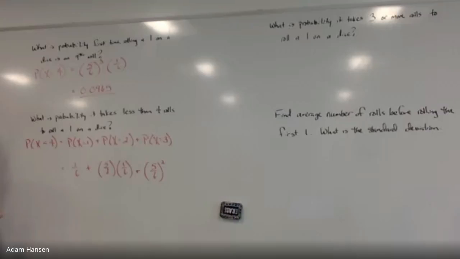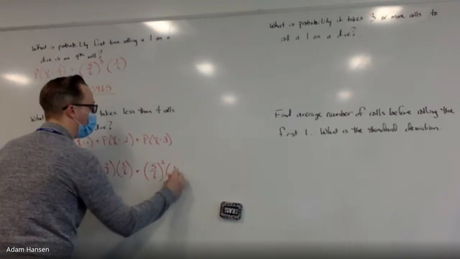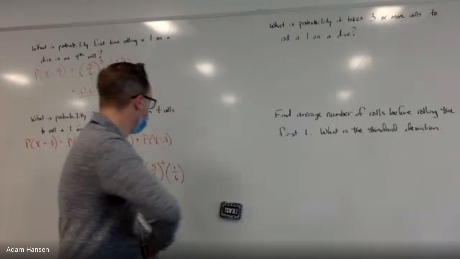Getting the first 1 on the third roll, what happens on the first 2 attempts? I would have had to have missed. So I missed twice. 5/6 times 5/6, or 5/6 squared, times 1/6. I got the 1 on the last roll.